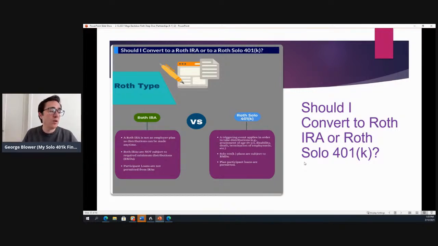Last bullet point, participant loans are not permitted from IRAs. With a Roth Solo 401k, you can borrow. You can borrow up to 50% of the balance, not to exceed $50,000, as a Solo 401k participant loan. It's going to be payable monthly or quarterly, equal payments of principal and interest.